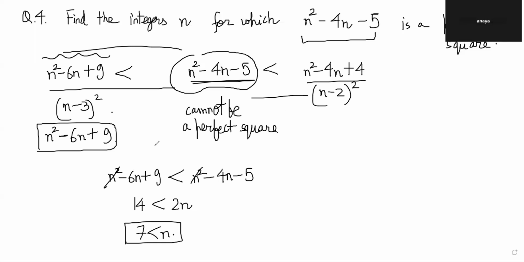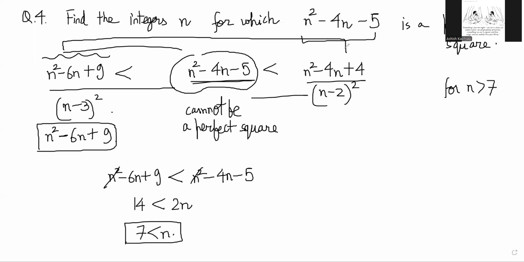So the intersection of the solutions is n greater than 7. For n greater than 7, the double inequality is valid, so this can never be a perfect square, because it is between two consecutive squares.